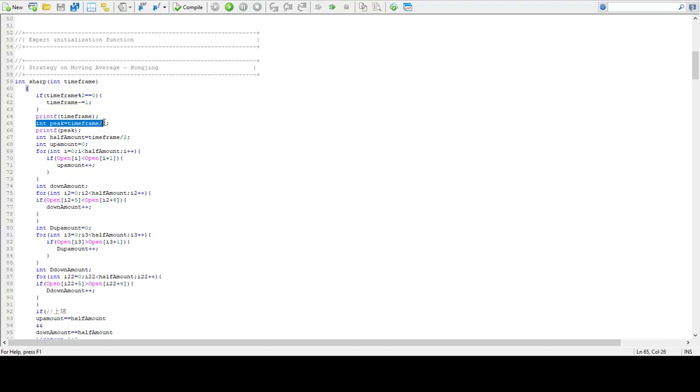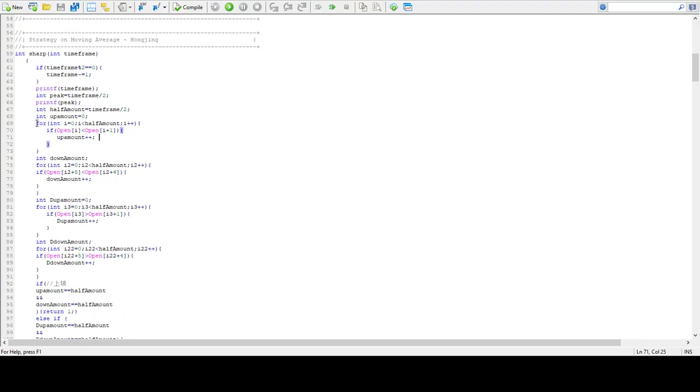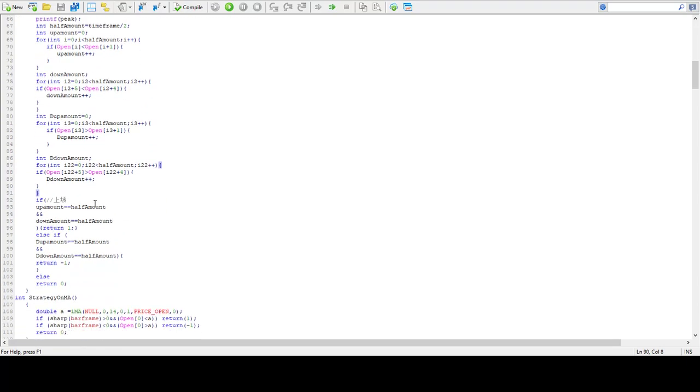It gets the middle of that and turns that into the peak, and then it's looking for the left half and the right half of the peak. And then it's just calculating each half, the left half and the right half, whether it is in a positive trend or in a negative trend. And it keeps summing that up to the current value.